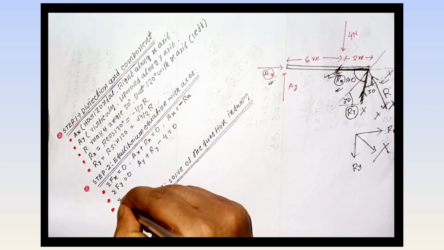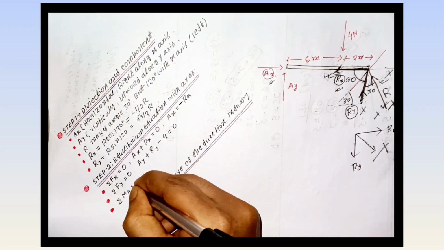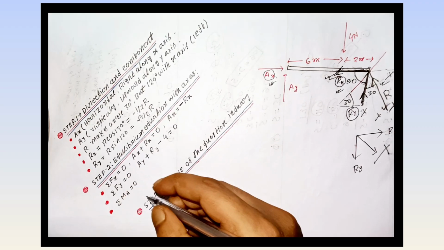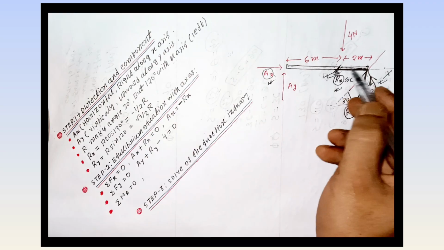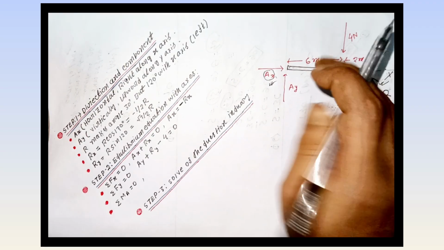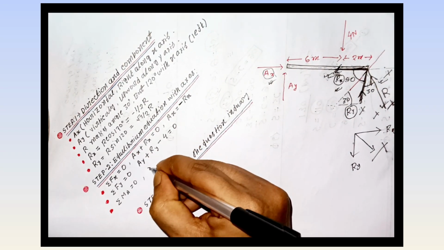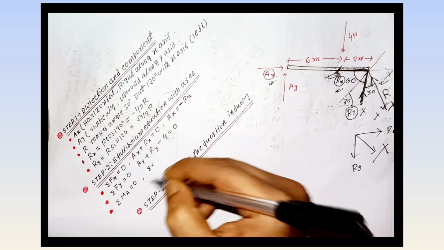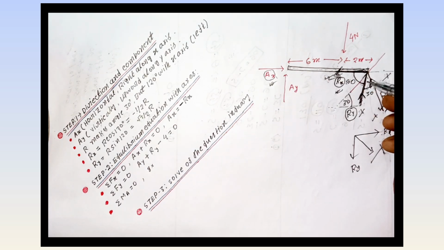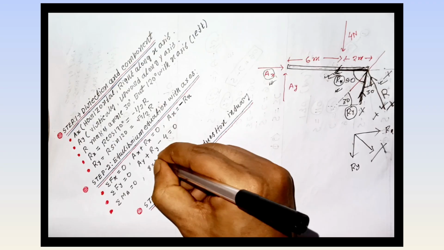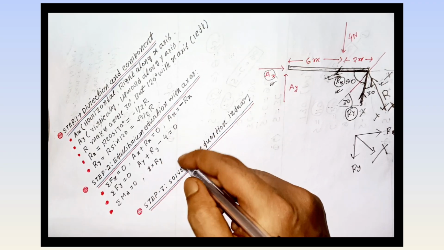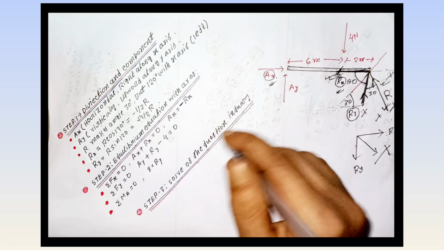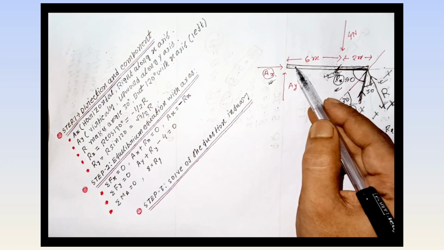No confusion. The summation of moments about A is 0 because of equilibrium. Total length is 6 plus 2, which is 8. Eight multiplied by what? The perpendicular force. What is the perpendicular force? That is R sin theta. Always remember, force into perpendicular distance, or distance into perpendicular force.